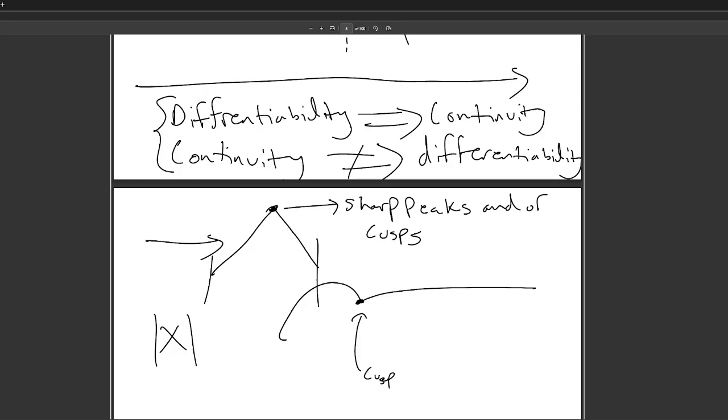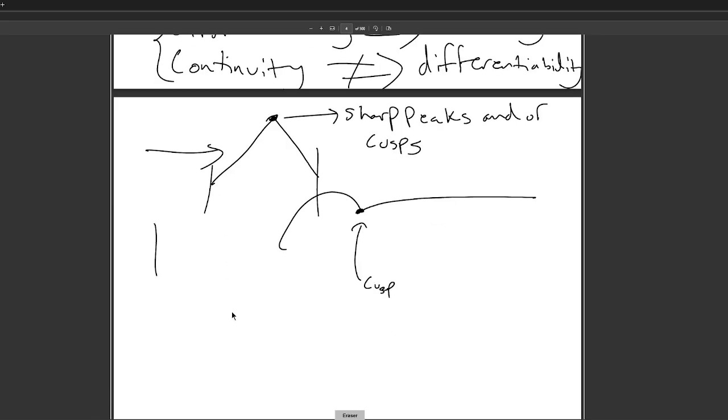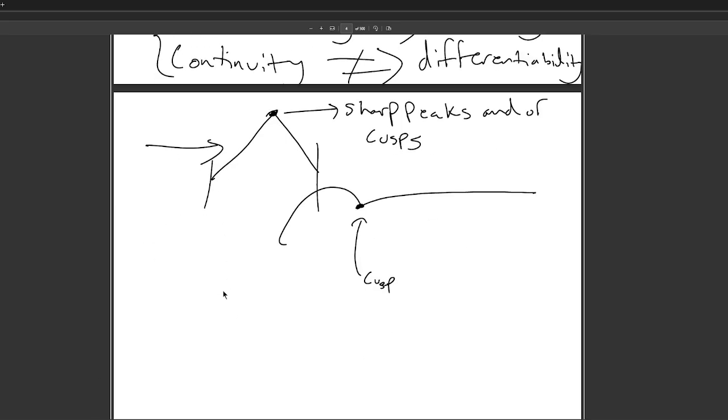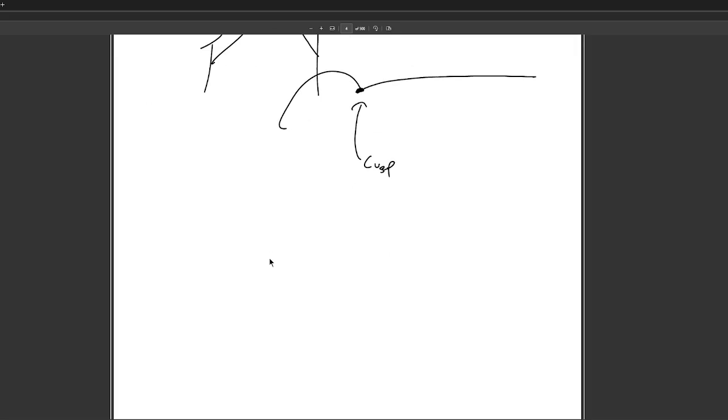You can, of course, differentiate absolute value x elsewhere because then it's just a line, right? But you know what I mean. And one more thing I should mention is you could have a cusp, or a jump discontinuity, and then it's just well behaved after that.